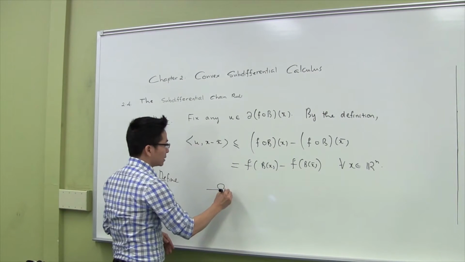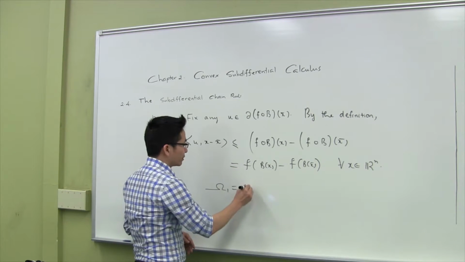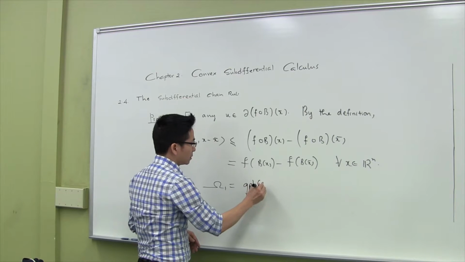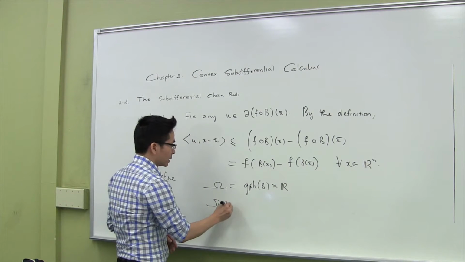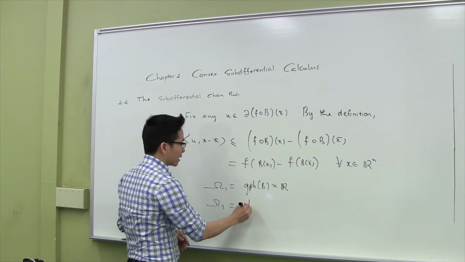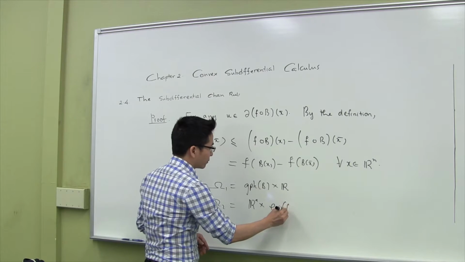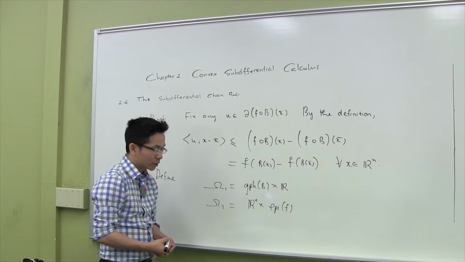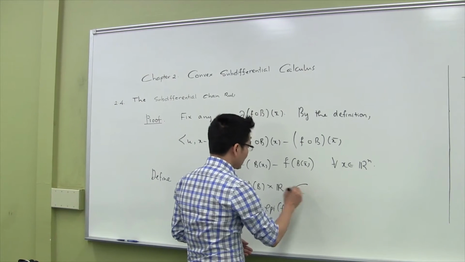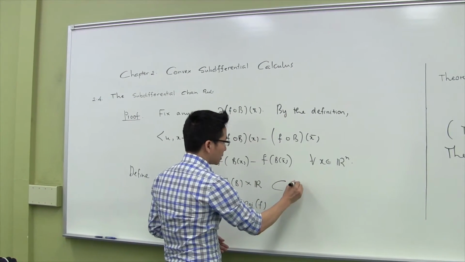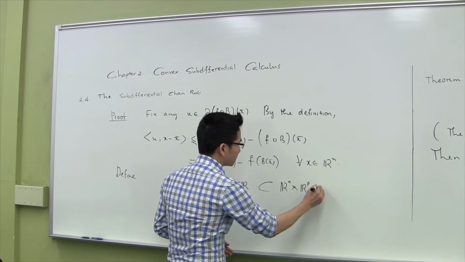Omega 1 is the Cartesian product of the graph of b and R, and omega 2 is the Cartesian product of R^n and the epigraph of f. Note that both of these sets belong to the Cartesian product R^n times R^p times R.